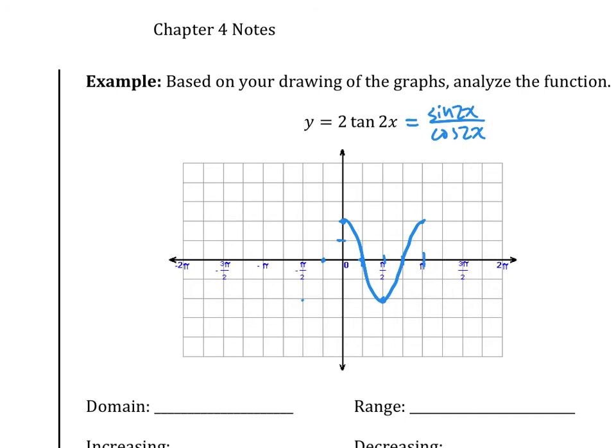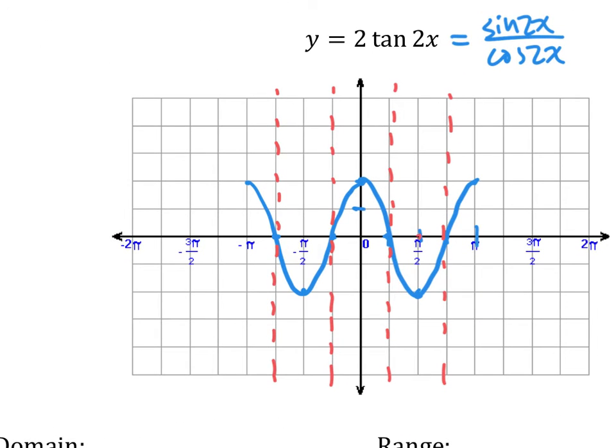Do the same thing on the left. All right, from here, we're getting the vertical asymptotes. All right, halfway in between, starting point, halfway goes up. So this is tangent. So on the right-hand side goes up, and then on the left-hand side goes down.